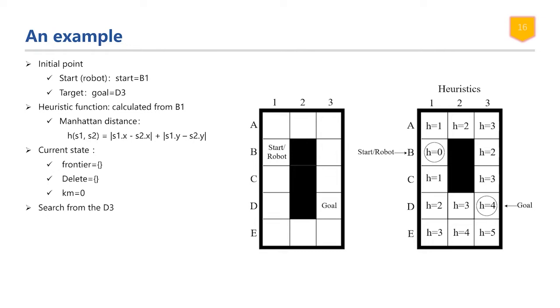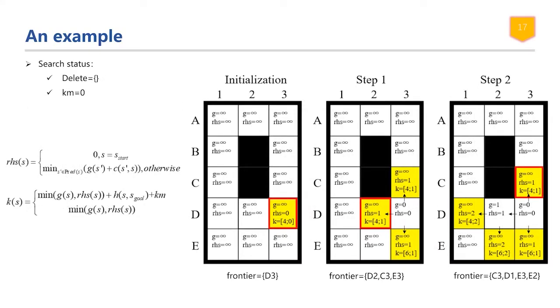Km represents the heuristic compensation value after the start of each move, in order to maintain the strict ascending order of the key value in subsequent searches. As shown in the figures, the yellow grid represents the vertex in the priority queue. The red box vertex represents the vertex to be expanded next time.